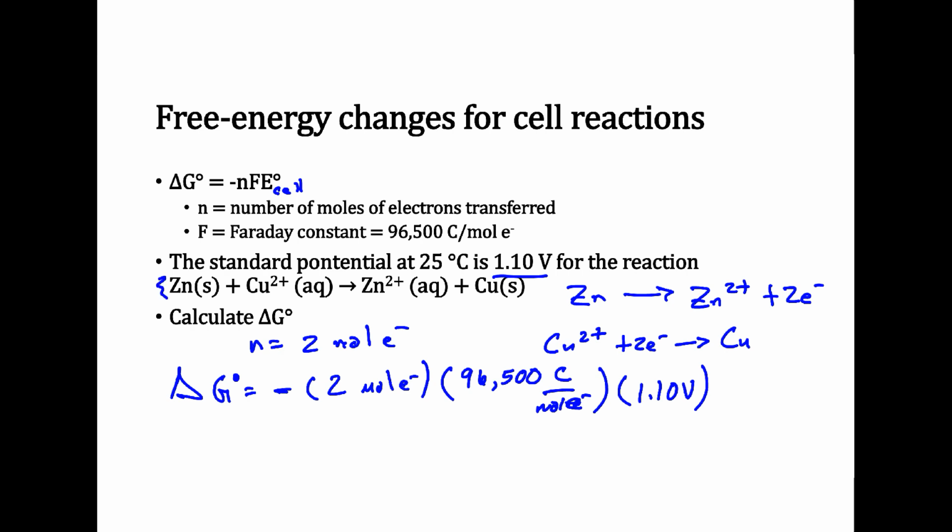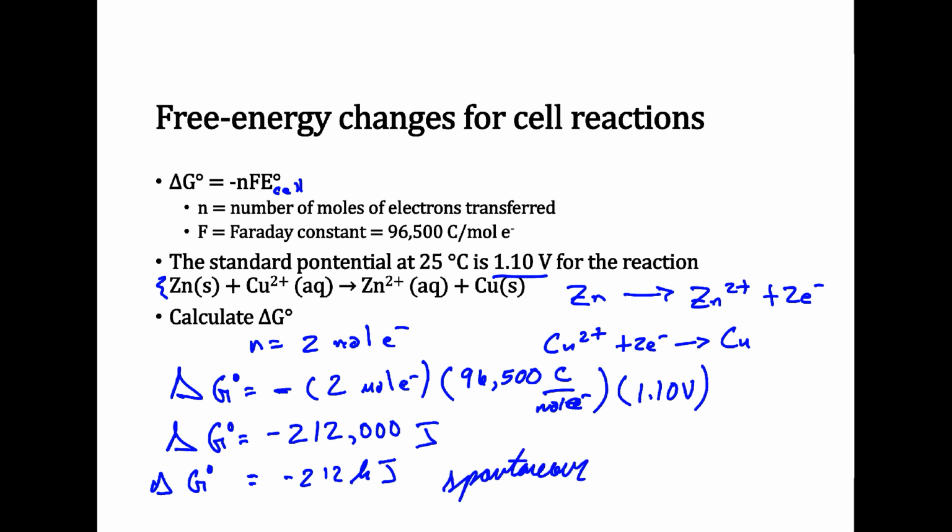After you plug in, we'll find that delta G standard is approximately negative 212,000 joules, or negative 212 kilojoules. Since delta G is negative, this is a spontaneous process. And we will relate K, delta G, and E to each other for spontaneous processes in just a second.